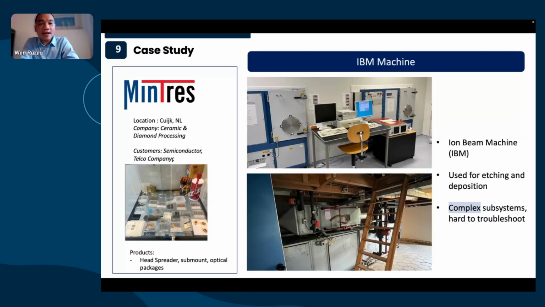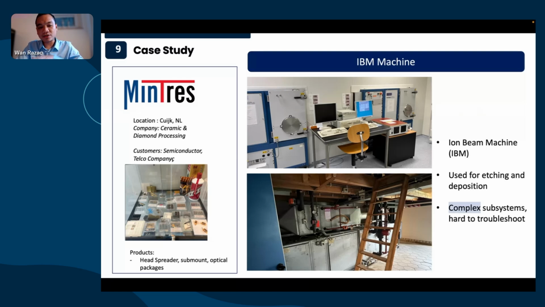Okay, so as a case study, this research has been done together with Mintras BV. This is a medium-sized manufacturing company located in the Netherlands, in a city called Kerk, in the south of the Netherlands. The company is mainly in the industry of ceramic and diamond processing. They serve customers in the semiconductor industry, in telco companies, and so on.